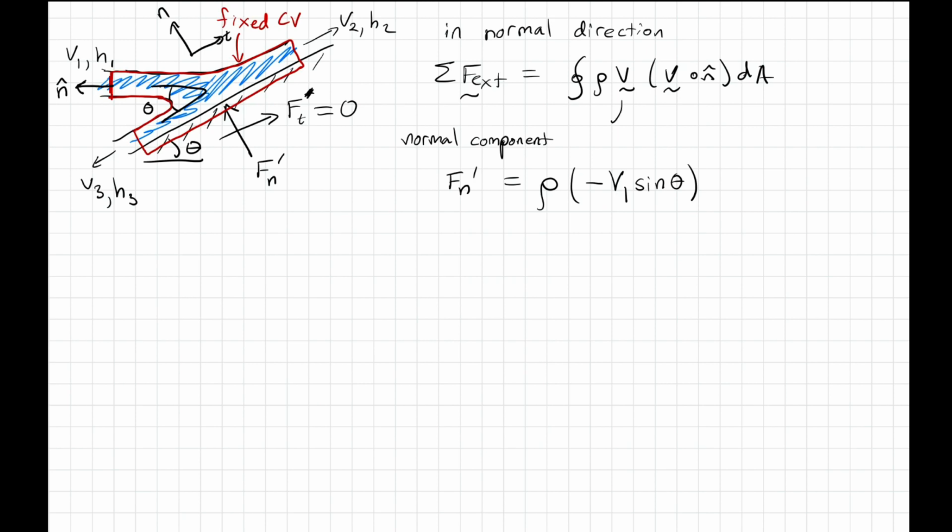So that's this term. Now I need to take care of v dot n. So what is v dot n on that surface? Again, v goes this way, but n hat goes this way. So this is a minus v1 times a. And so the two minus signs here cancel, and you can put it all together and find that the normal component of force is just rho v1 squared times a sine theta.